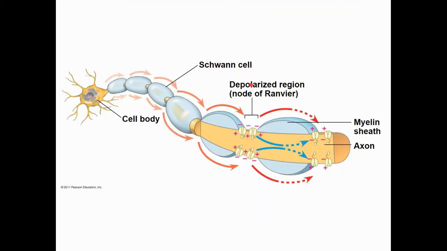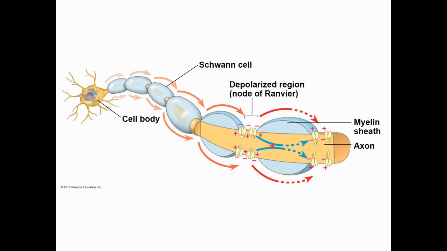So, if we have a look at this axon, you can see the jumping saltatory conduction is represented by the arrows. What's happening here is exactly the same as happens in the unmyelinated axon. So for example, if we take this as an area where an action potential has happened, the sodium ions have moved in.